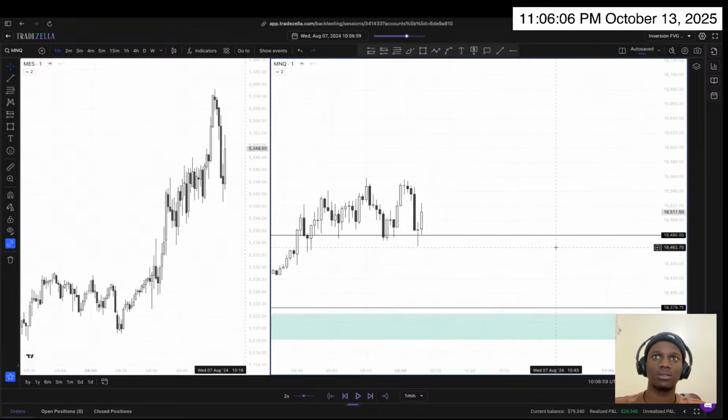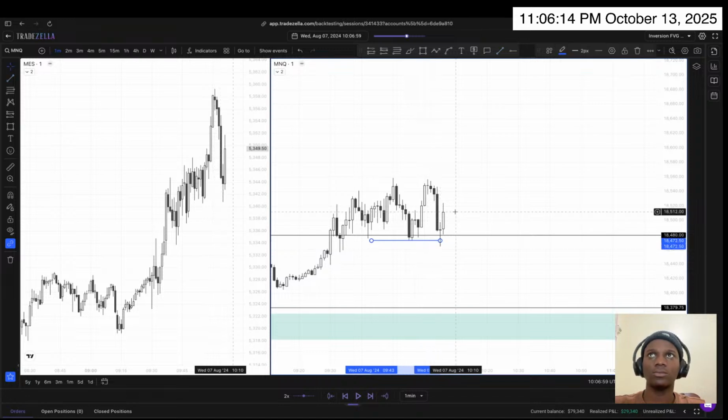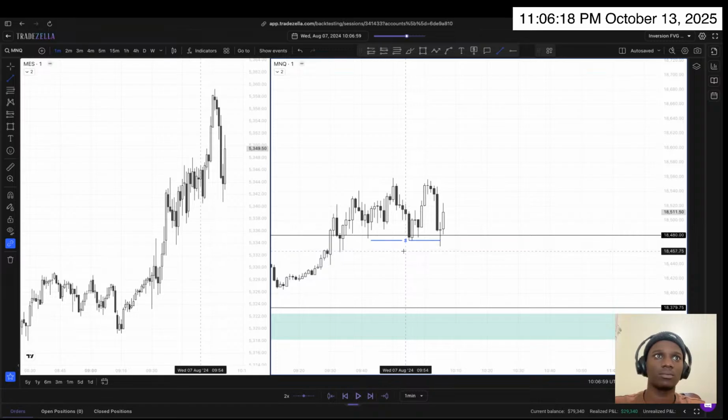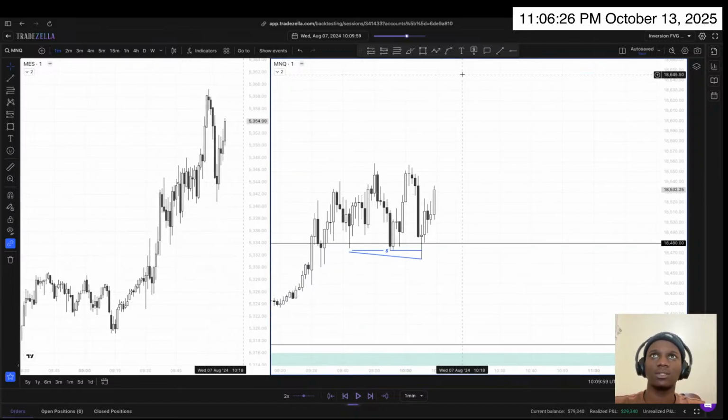This is what I wanted to see. 15-minute sweep of all these lows here. And there's an SMT at this low here and this low here. So if we can form an inversion here, I'd like to take an entry.